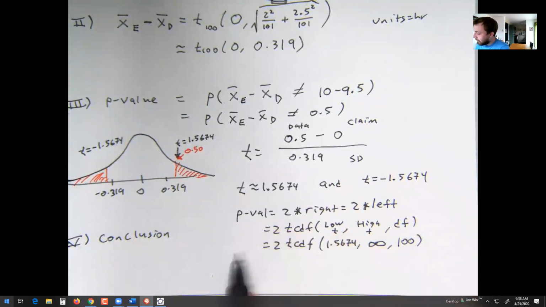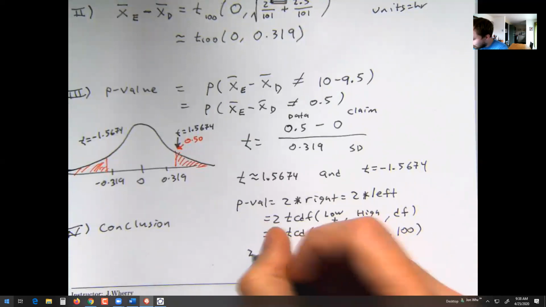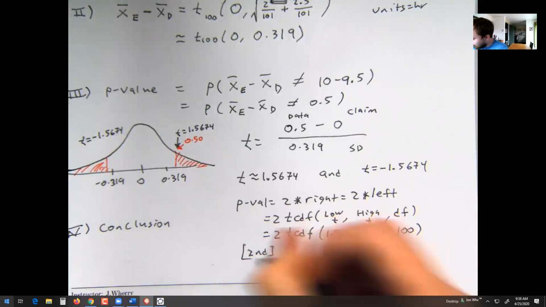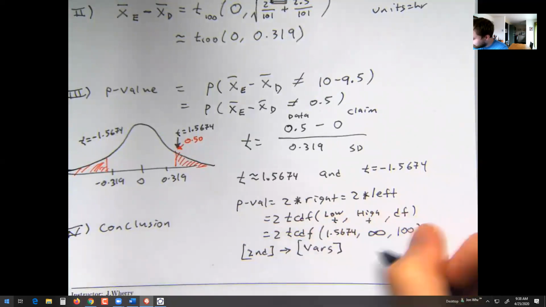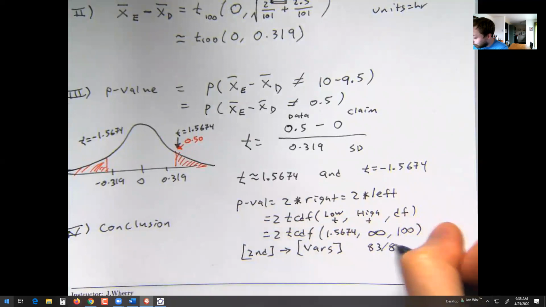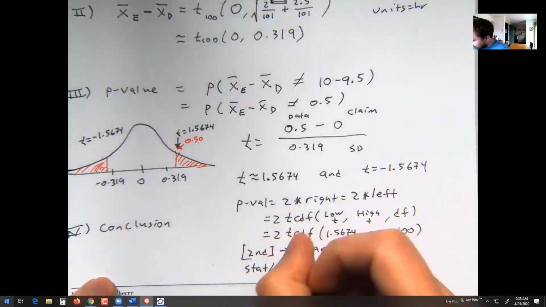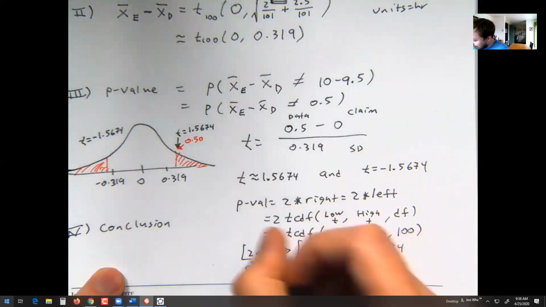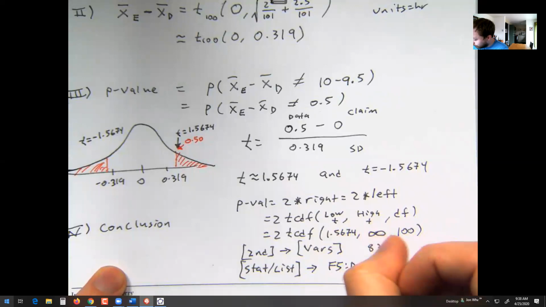We'll see what it actually is here in a second. To do this inside of my calculator, I am going into second vars if I am in a TI-83 or 84. I'm going to go into stat list if I'm in a TI-89, and I'm going to choose the option for F5 for distribution.